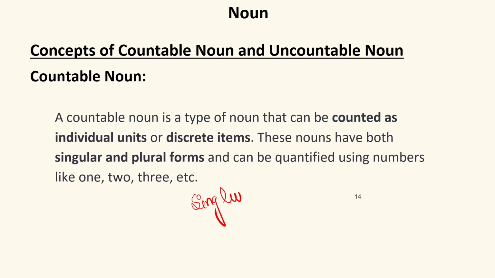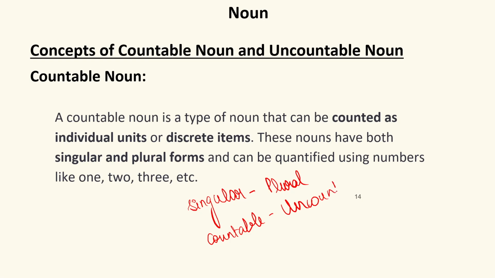It can be divided into singular, plural, or it can be divided into countable or uncountable, or it can be divided on the gender basis, that is masculine or feminine.